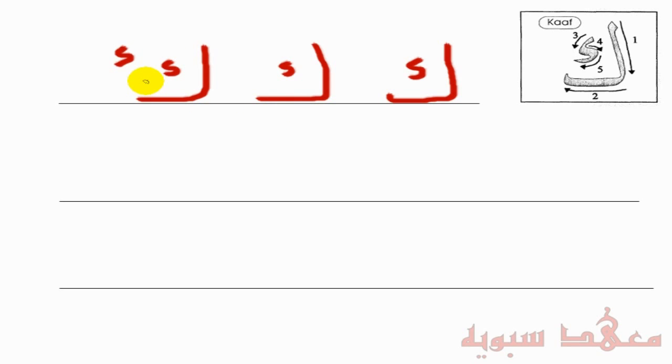Now this letter is a bit tricky because only the end form is similar to its isolated form. So in the beginning of a word is as follows. You start from top here, you go down, and then come across like this, and then go like this. And that's the kaf.